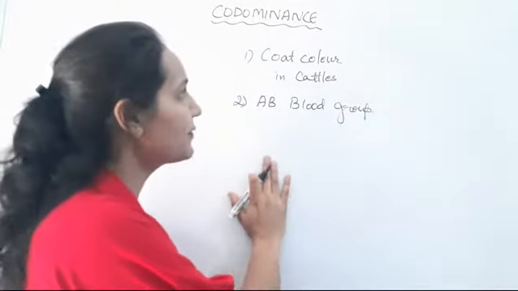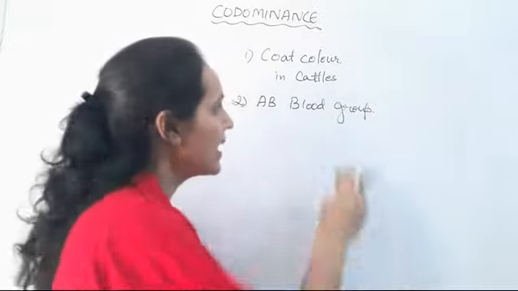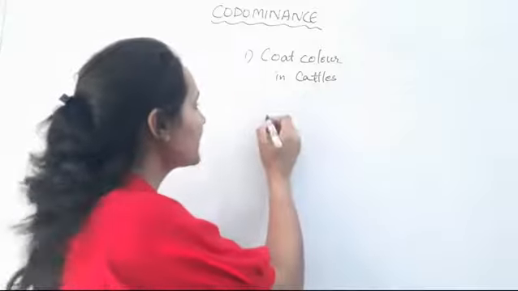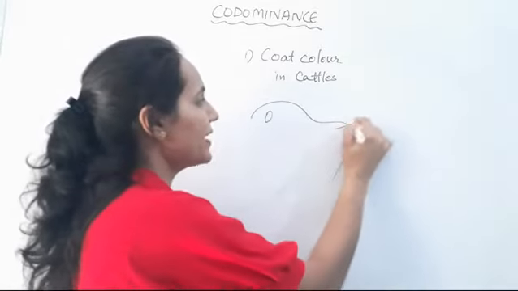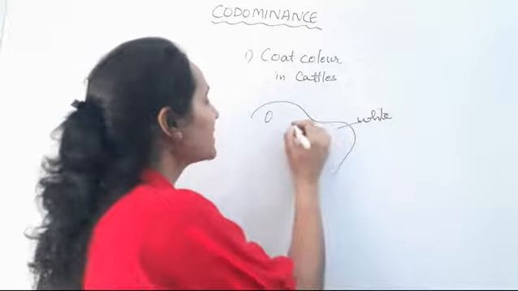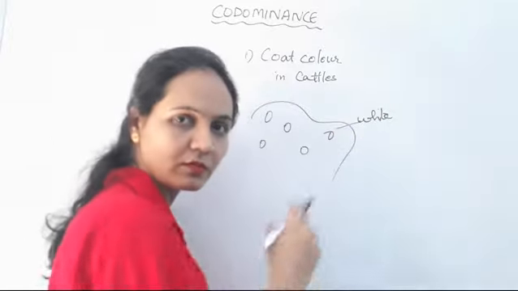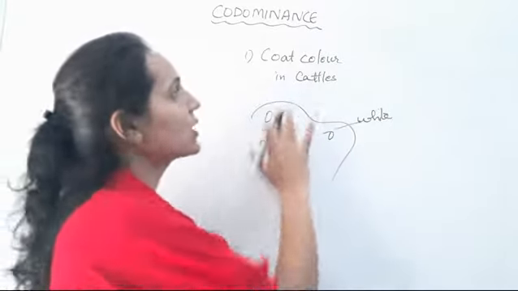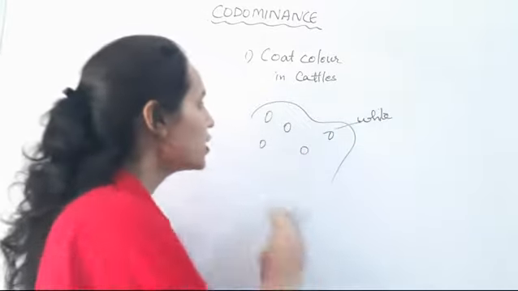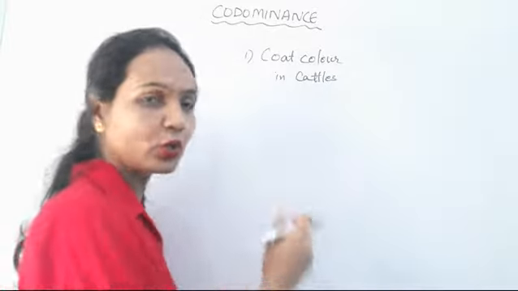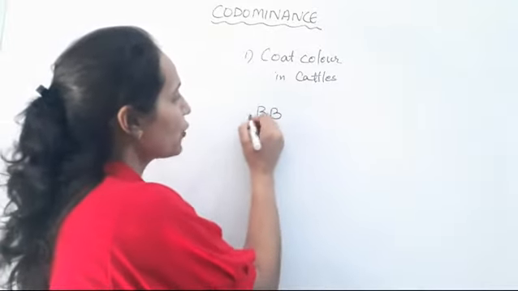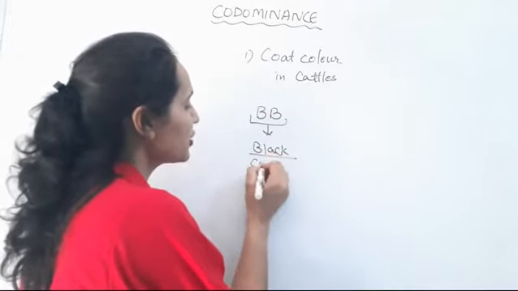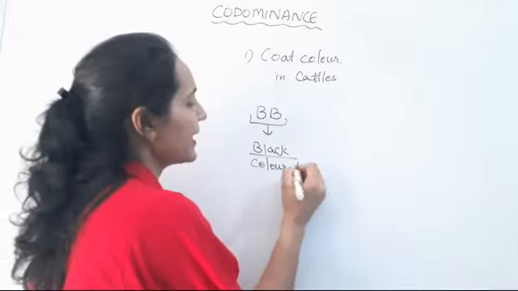The first we will start with is coat color in cattle. Have you seen cows having totally white fur in some places, and somewhere on the body they have some black patches? This is an example of coat color in cattle for codominance. So beta, this particular allele controls black coloration in cattle.